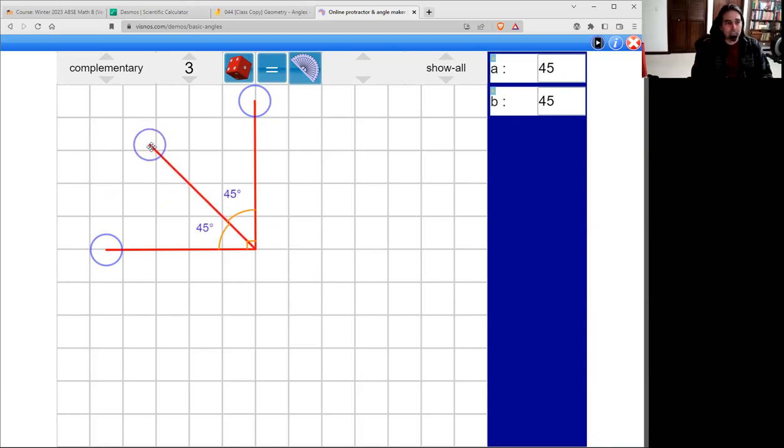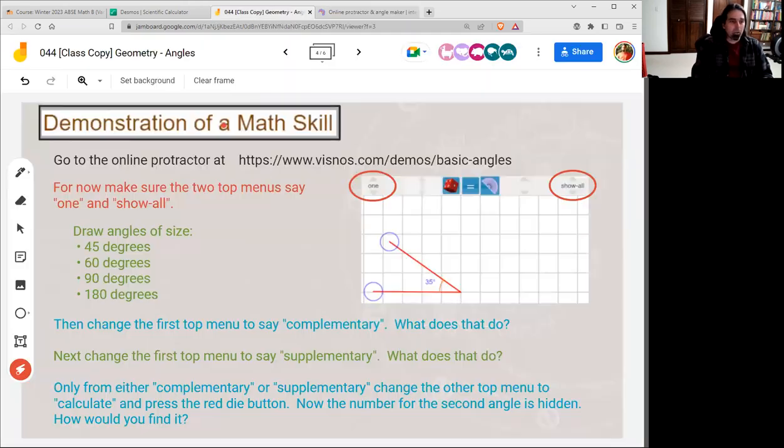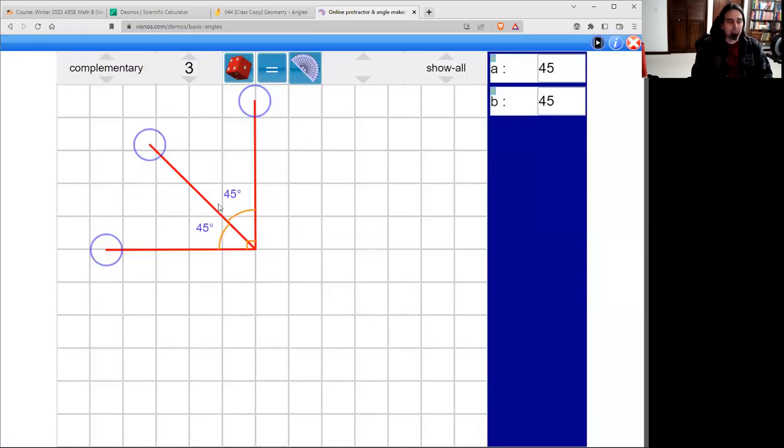They do. They always add up to 90. So that's just the definition of complementary. Complementary means I have two angles and they add up to 90. I've somehow taken a 90-degree angle and I'm cutting it in two for some unknown reason.